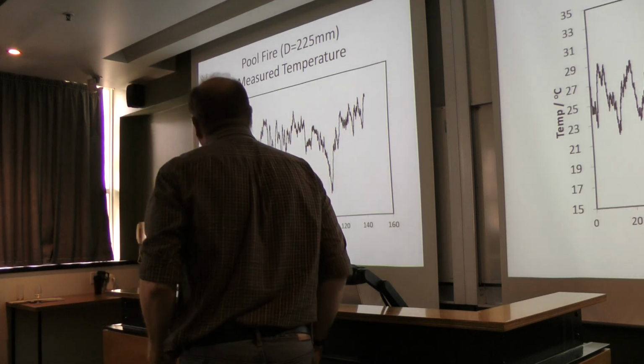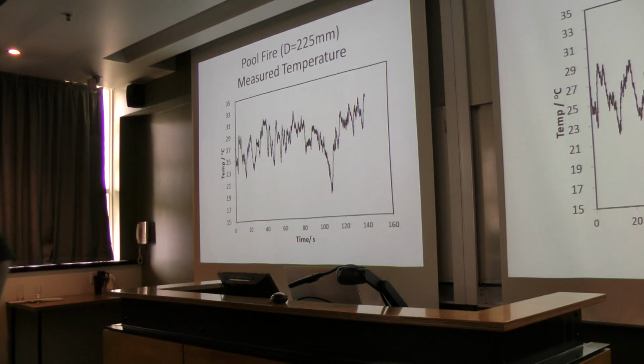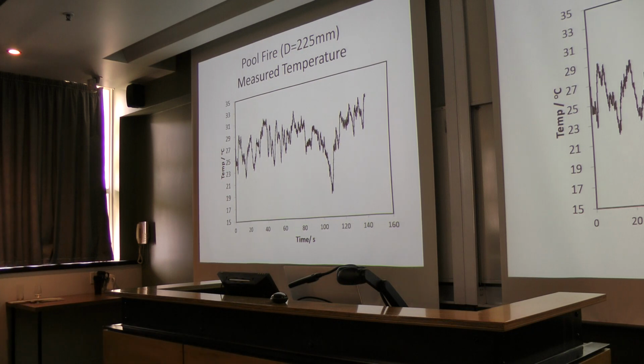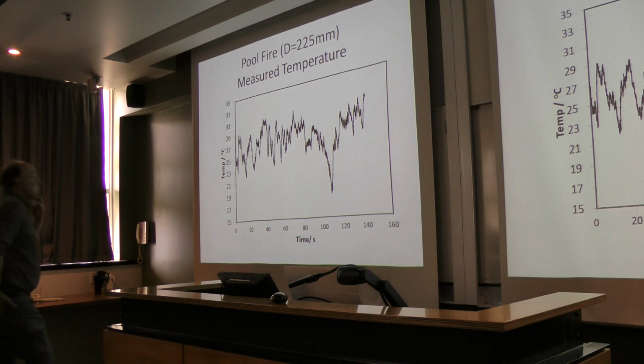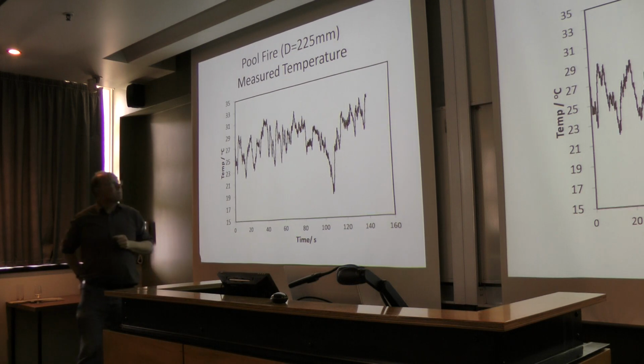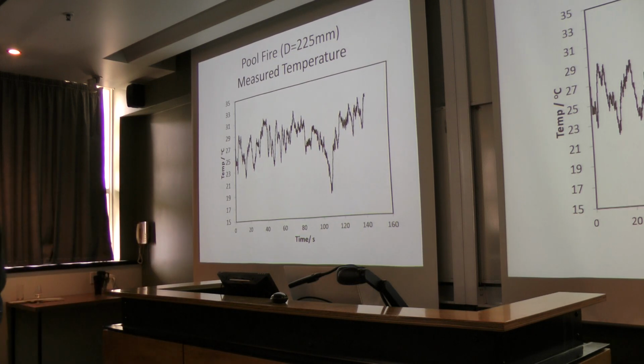Okay, so that was sort of like, we're not playing around because the student takes it all very, very seriously, but the ultimate is a fire. If we can't deal with a messy signal, then we're wasting our time. Okay, so what we've got here is the temperature signal taken from a pool fire with that diameter. It's a round pool fire. It's sort of heptane.